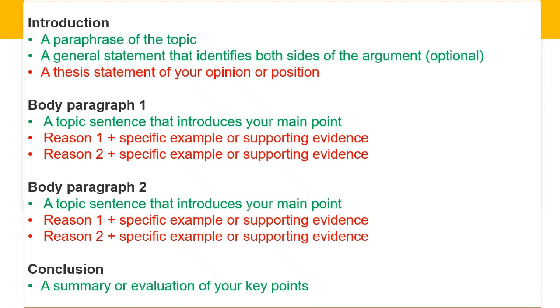In the case of a problem essay, you would discuss at least 2 causes of the problem in body paragraph 1 and 2 consequences or 2 solutions in body paragraph 2. We shall look at how these are implemented later by taking a look at examples of each of them.